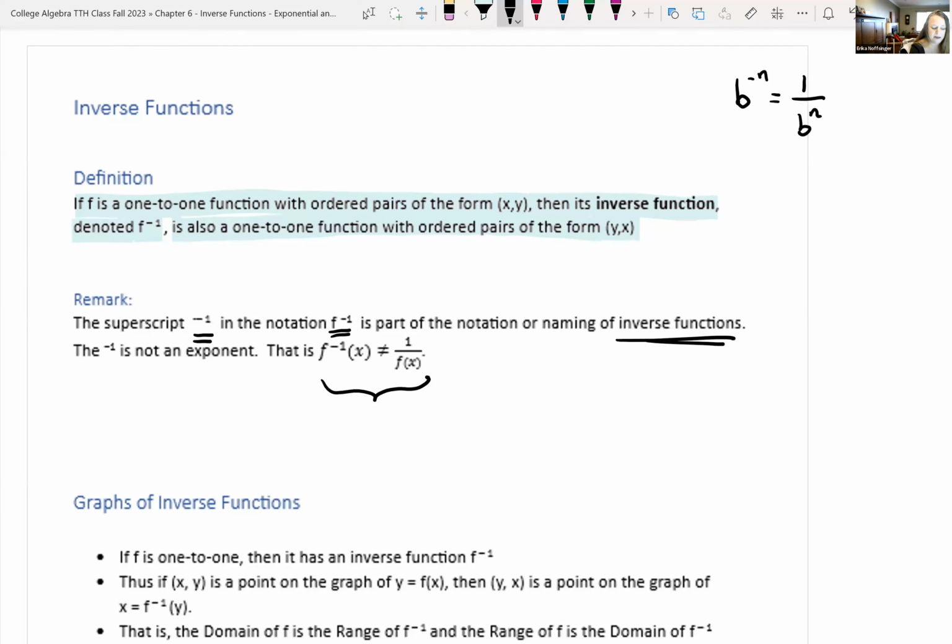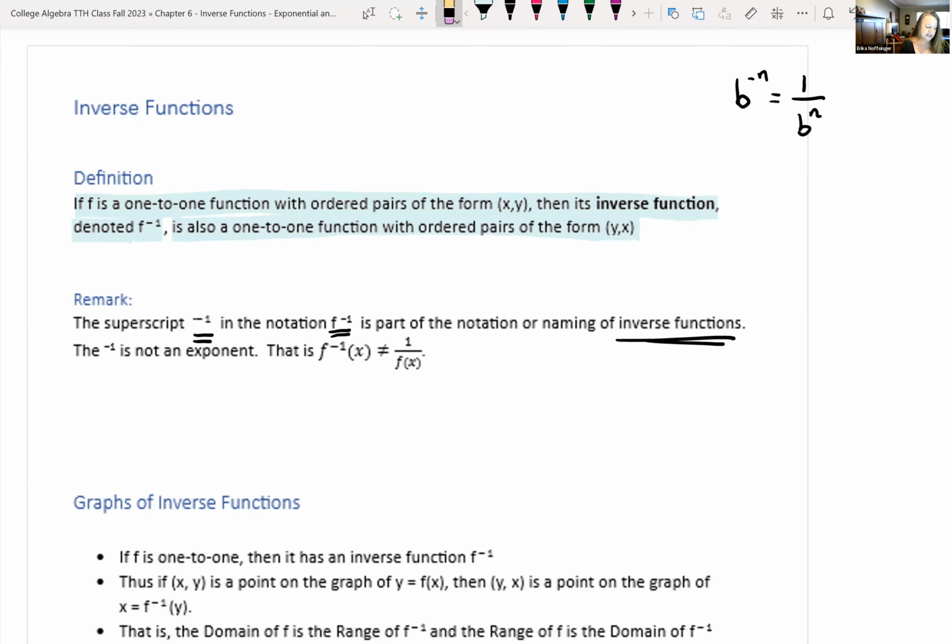But this is not the case for f inverse of x. That is not equal to 1 over f of x. We'll see that as we go through finding our inverse functions: we're not going to get the same thing as if we took our function and put it underneath 1.